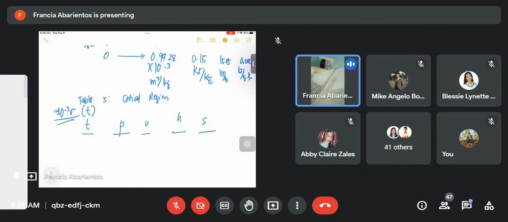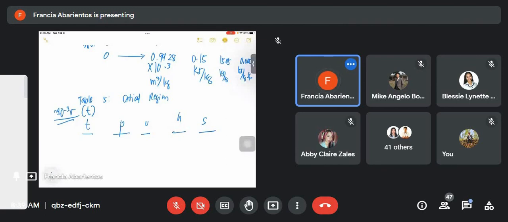So, tuturuan ko rin ngayon yan kung paano kumuha dito. Madami-dami to. So, that is a Mollier chart. Okay. So, sa pagkuha ng Mollier chart, meron din tayong exercise. Okay. So, that is for now, the steam table.